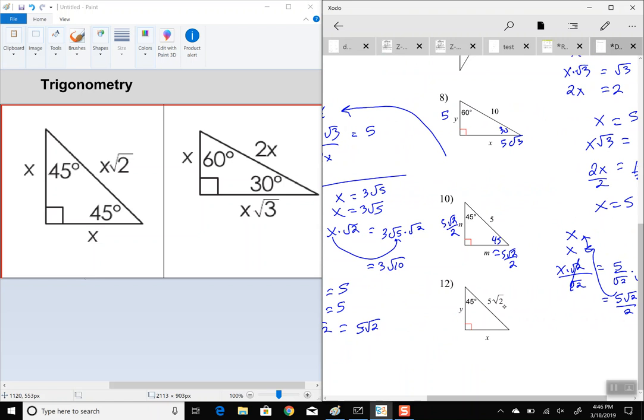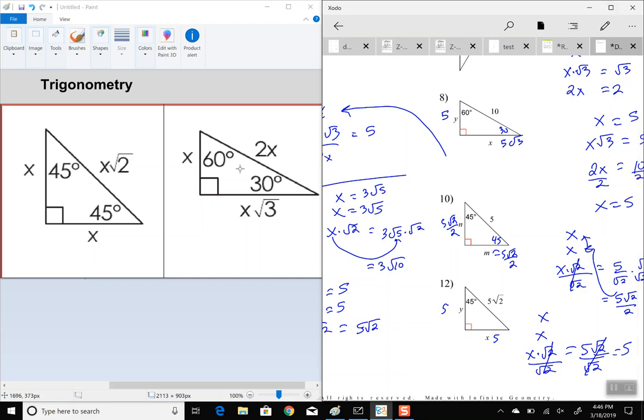And then again, in this last one, you're given the longest side, x times the square root of 2, which is 5 square root of 2. So to solve for x, I'm going to divide both sides to isolate it. That cancels, and so x must just be equal to 5. So this is 5 and 5. And that is how you use the special right triangles.